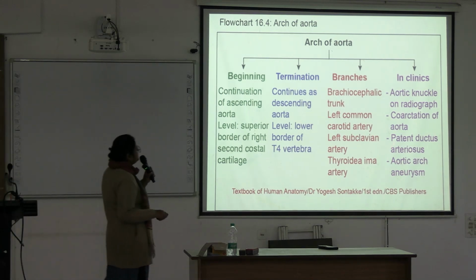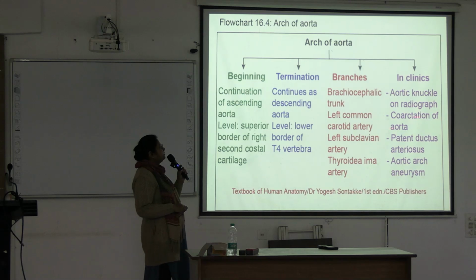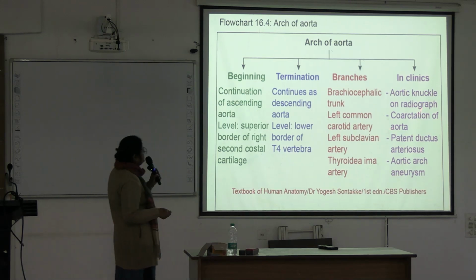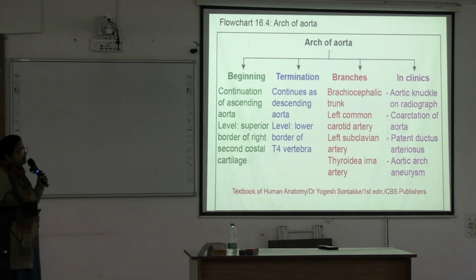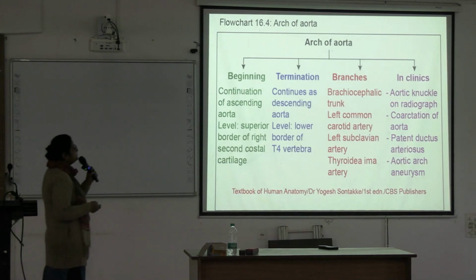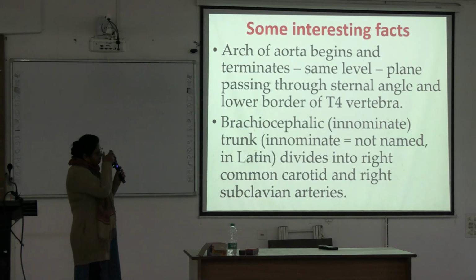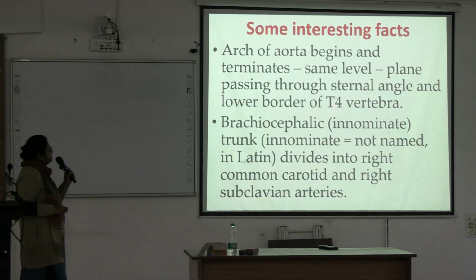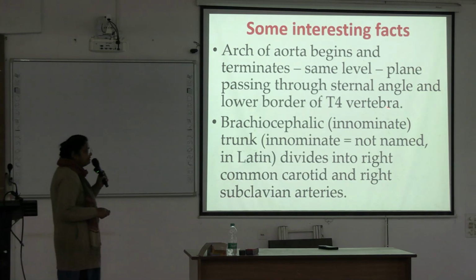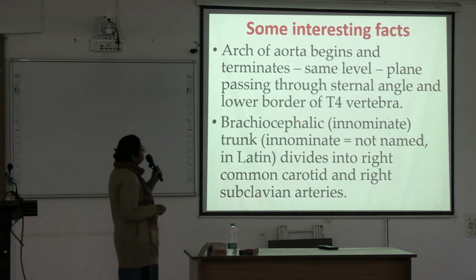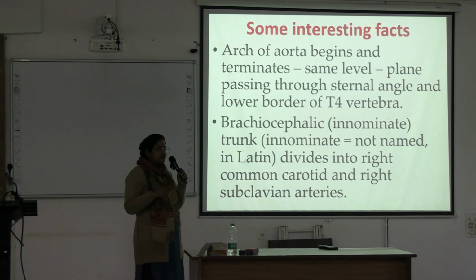And these are important clinical aspects. Aortic knuckle on the radiograph you will see in some patients. Coarctation of aorta, patent ductus arteriosus and aortic arch aneurysm. We will discuss these in detail. So the arch of aorta begins and terminates at the same level, at the plane passing through the sternal angle anteriorly and the lower border of T4 vertebra posteriorly.